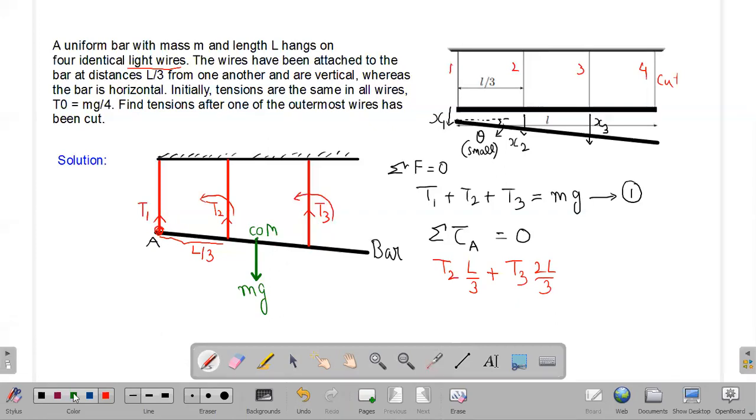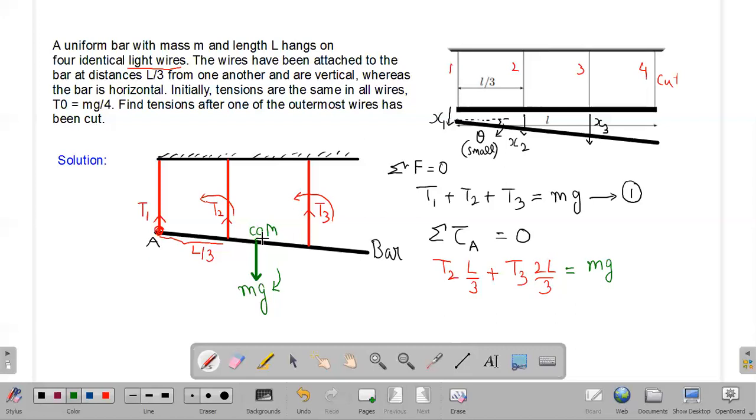But if I find the torque by force of gravity mg relative to the reference point A, then I will find that the mg force will produce a clockwise torque relative to the point A. And this clockwise torque given by the force of gravity must balance the torque given by the forces T2 and T3 relative to the point A. Therefore, you can write down that mg into, and now what is the distance of mg from point A?